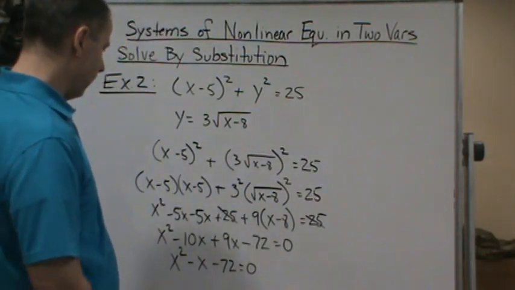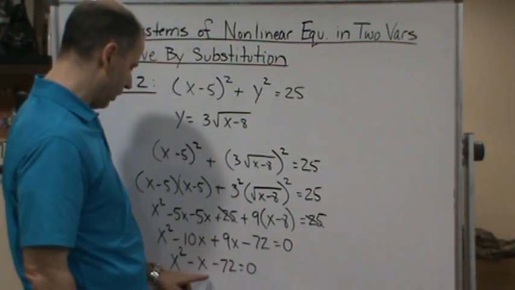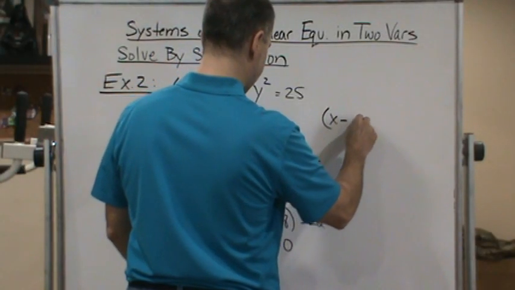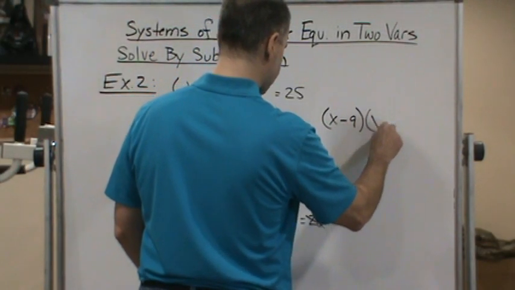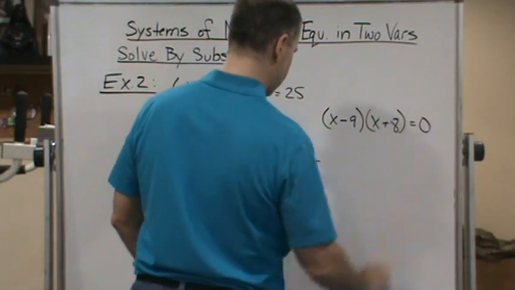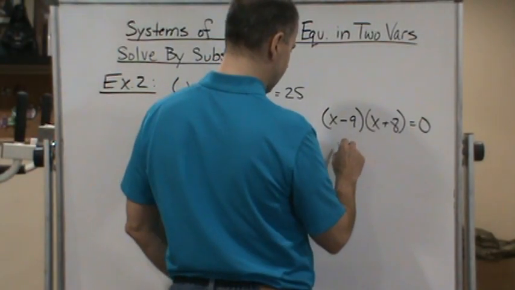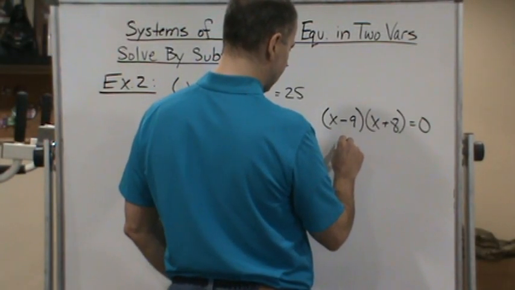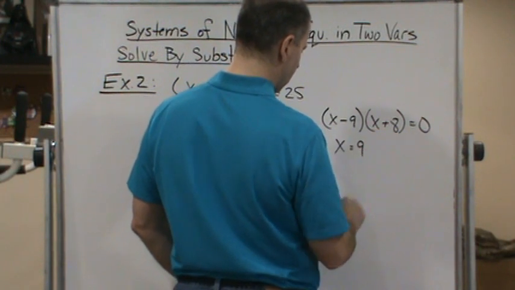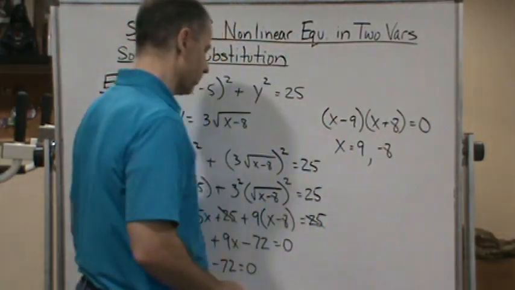So 8 and 9. The 9 is going to be negative, right? So it factors into (x − 9)(x + 8) = 0. That gives me the two solutions: either x is equal to 9, or x is equal to negative 8.